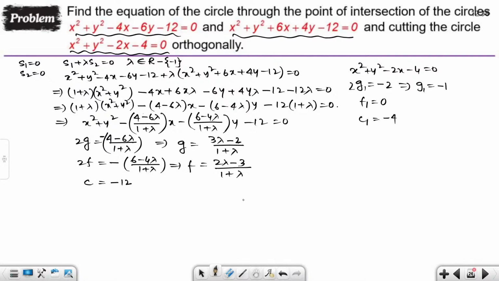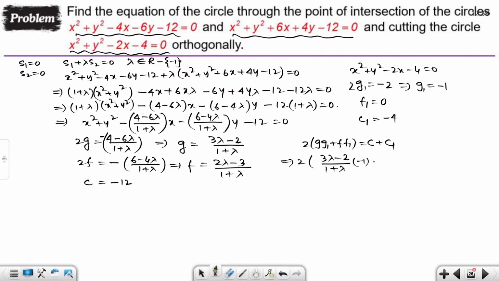Am I correct? Now as they are intersecting each other orthogonally, so I will say 2 times g g1 plus f f1 equals to c plus c1. That is the condition. So we can write 2 times 3 lambda minus 2 by 1 plus lambda into minus 1.